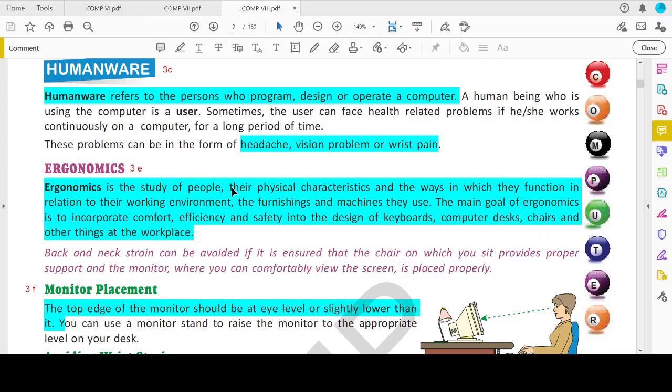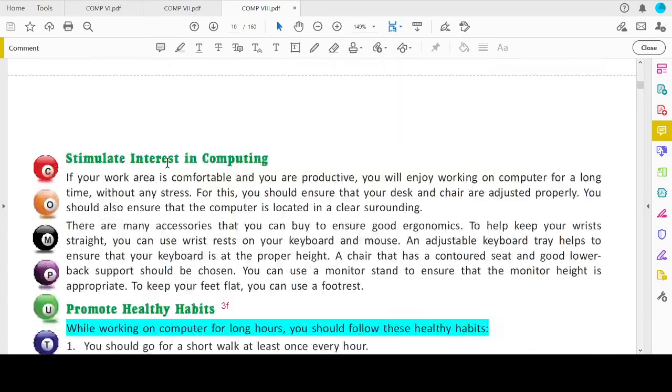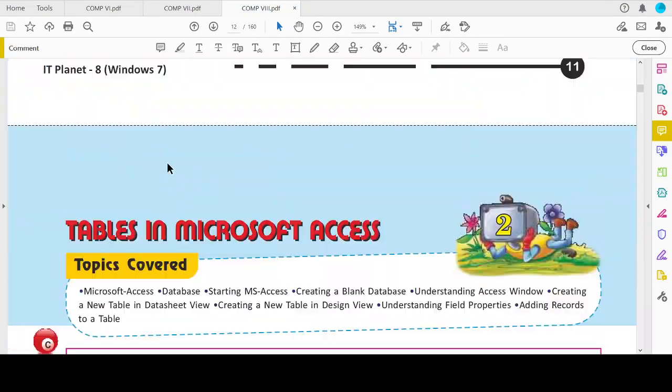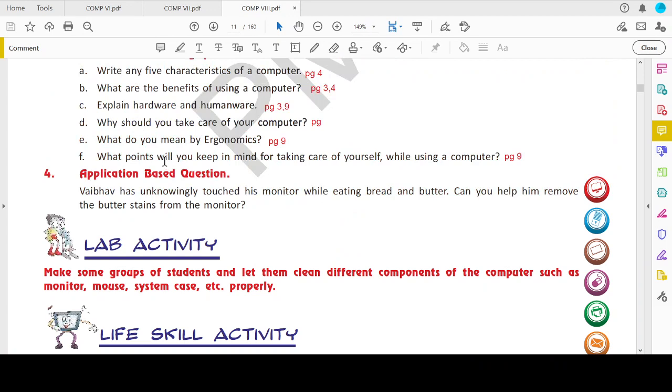Okay, the physical standards and characteristics of the humanware. Next, what do you mean by ergonomics? Why should you take care of your computer?